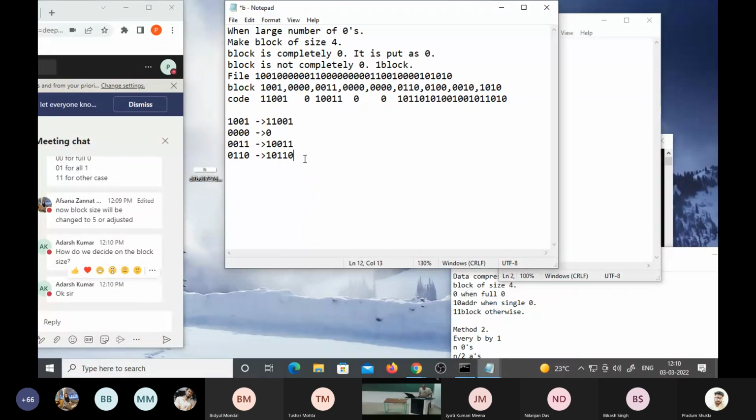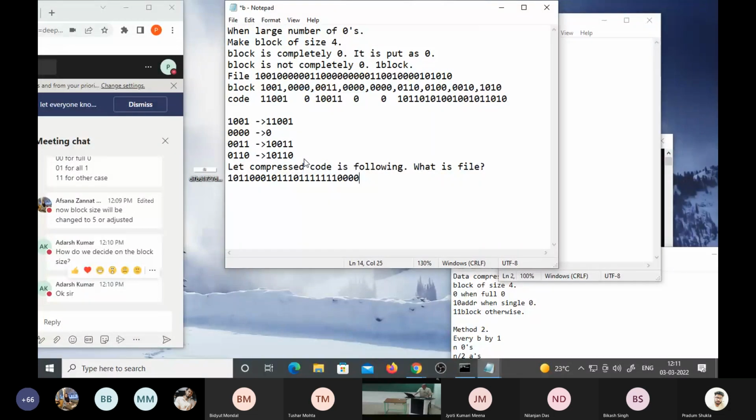Now, let the compressed code be the following. Part is 5. 1 0 1 1 0 0 0 1 0 1 1 0 1 1 1 0 0 1 1 1 1 1 1 0 0 0 0.